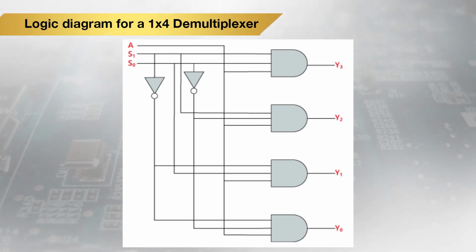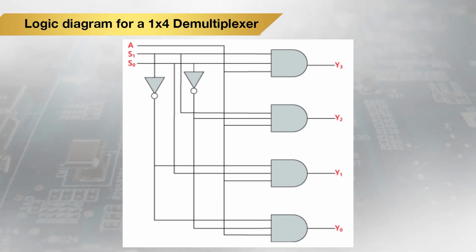So here we can see there are 3 input AND gates, and the selection lines along with their inverted values, according to the expression which we have discussed, are provided at the input of the AND gates, along with the value of A. Now we will have Y0 to Y3 at the outputs of these AND gates.